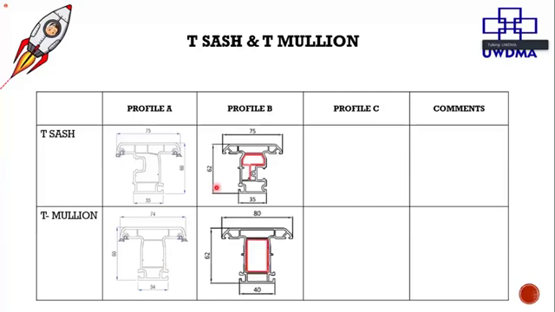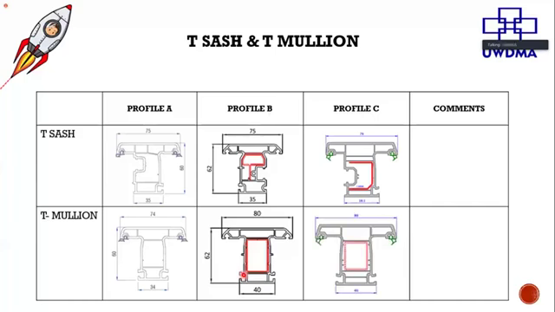If you look at profile B, the sash has a groove and the mullion has both sides straight. Then we have profile C, where again there is a groove and here both lines are straight. So how will you know whether it is a sash or a mullion?